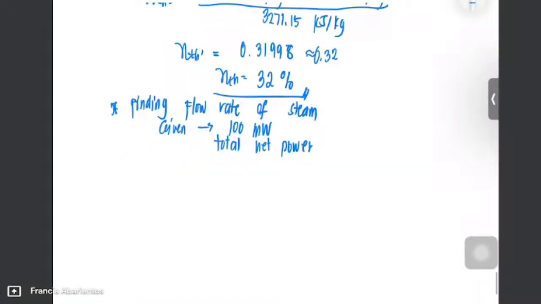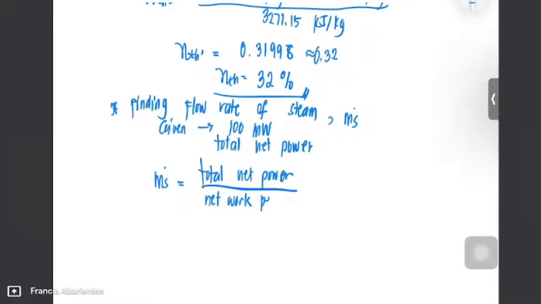Finding for that mass of the steam, MS na lang. Mass of steam. Pag-given na sa atin to class, ito na, over that is divided by the network per unit mass.